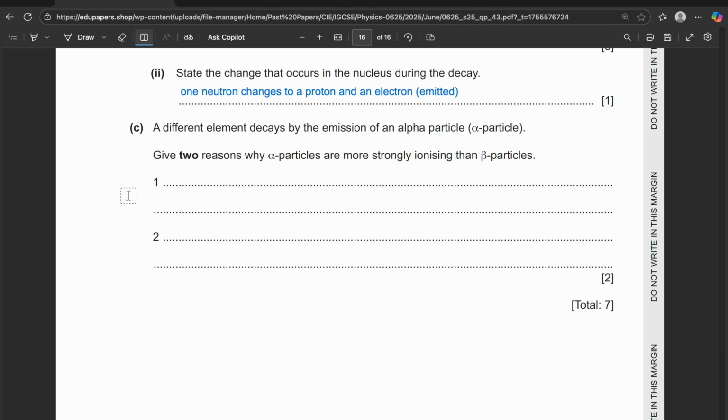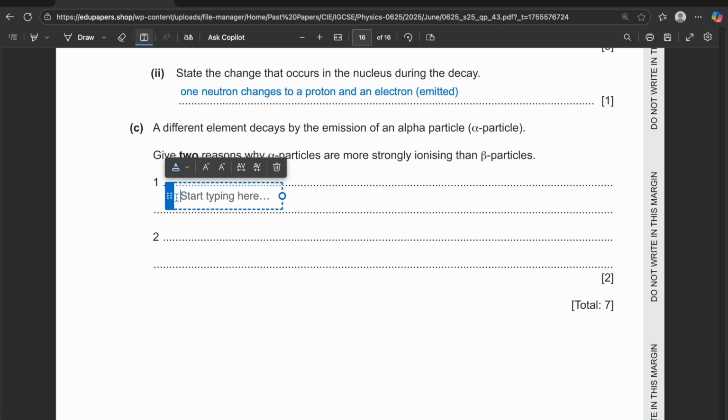C. A different element decays by the emission of an alpha particle. Give 2 reasons why alpha particles are more strongly ionizing than beta particles. So ionizing means that they want to interact with other particles more, right? And that is because they have a greater charge.